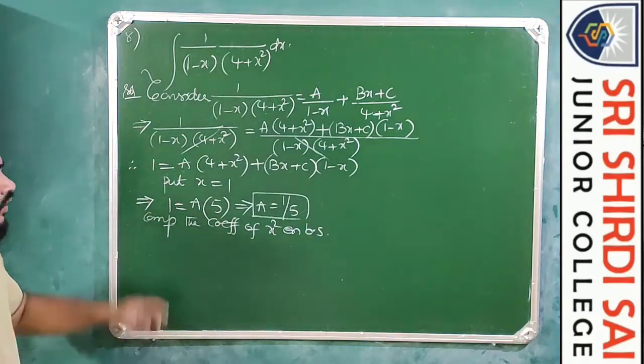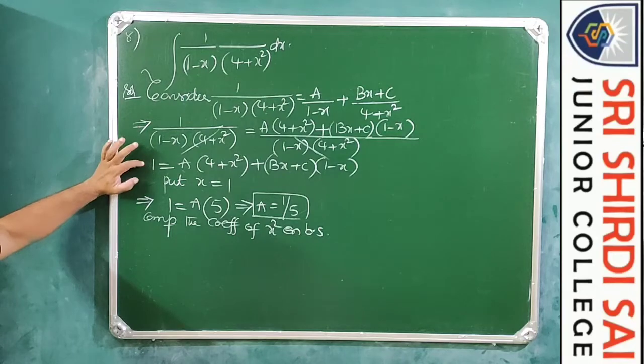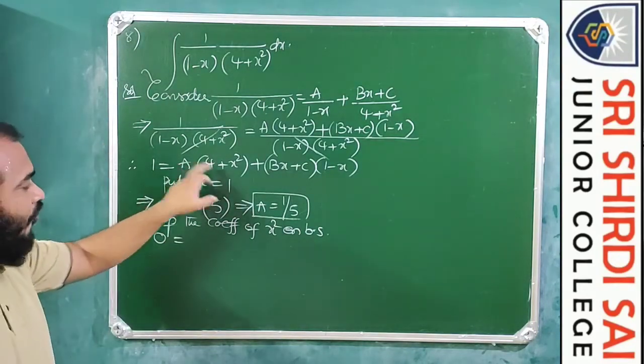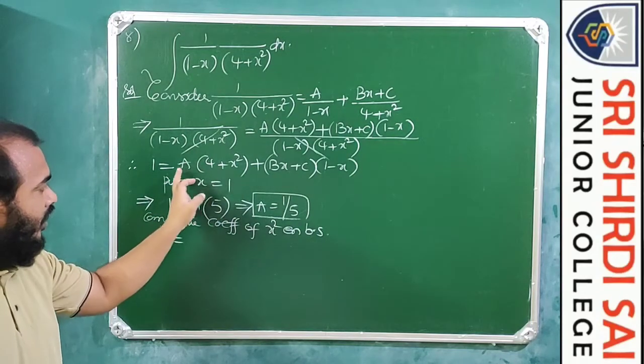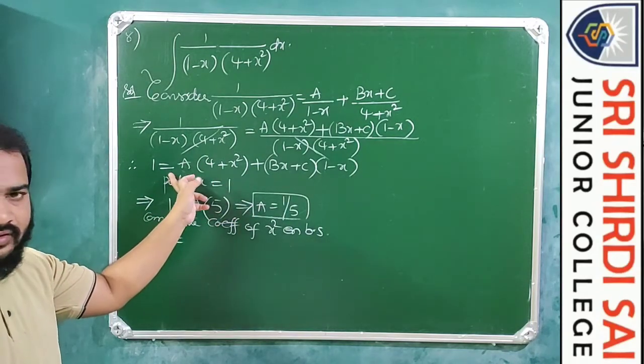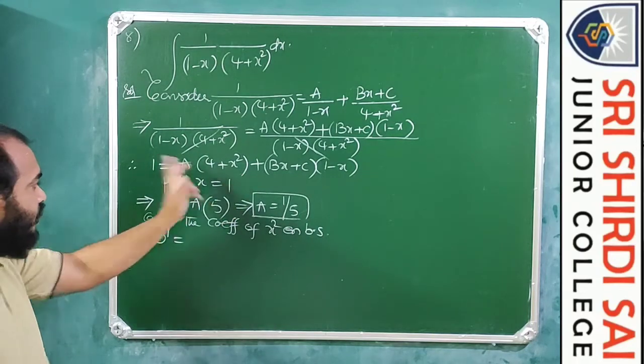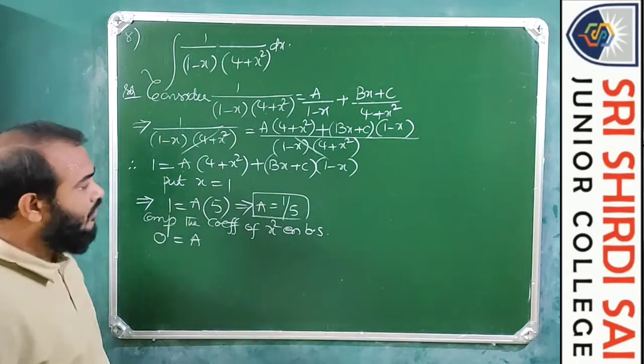We don't have an x square term in the LHS, therefore its coefficient will be 0. So 4a is a constant, so ax square, the x square coefficient is a here.